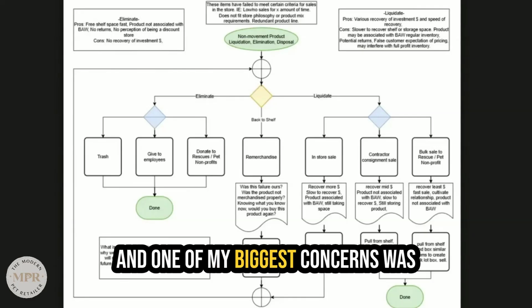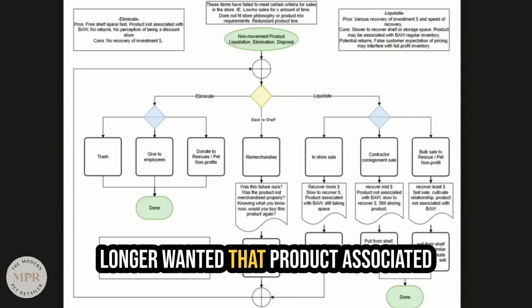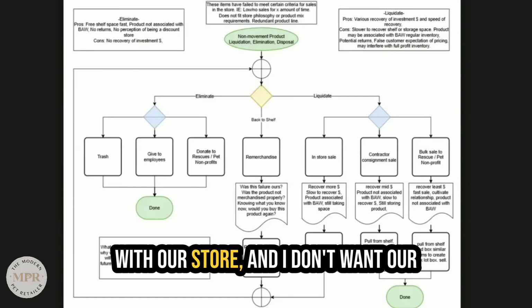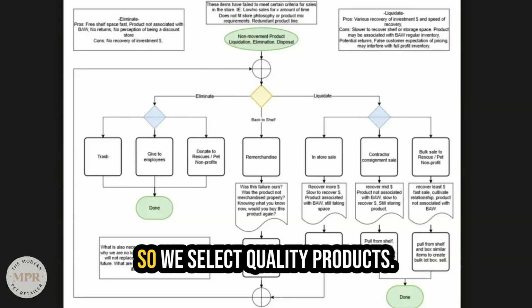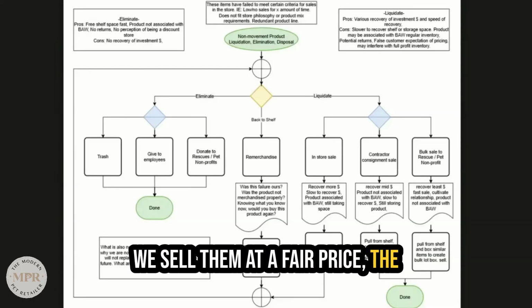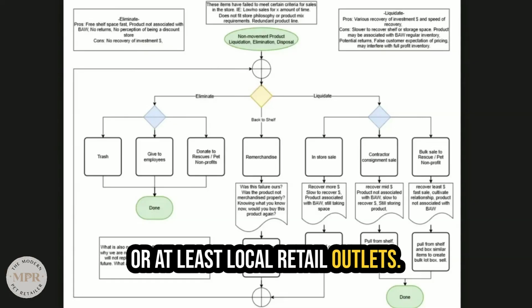And one of my biggest concerns was once we decided to eliminate, I no longer wanted that product associated with our store. And I don't want our store to be associated with discount. So we select quality products, we sell them at a fair price, margins that we've decided on, and we're competitive with, you know, Chewy or at least local retail outlets.